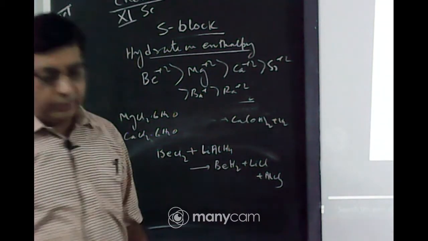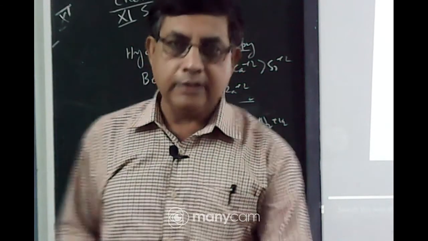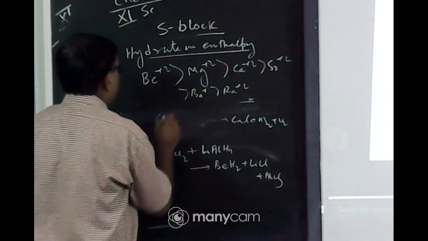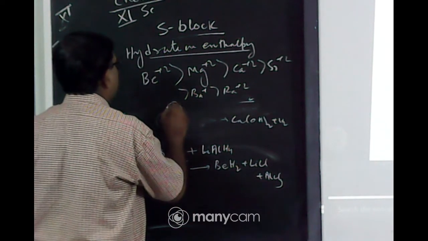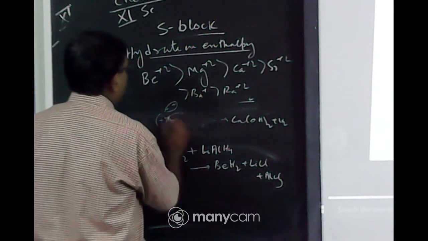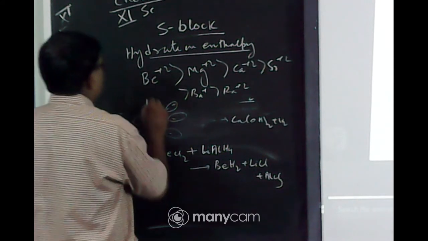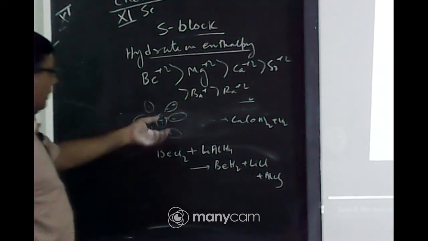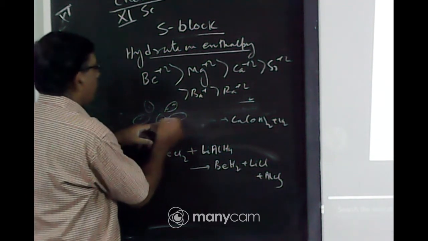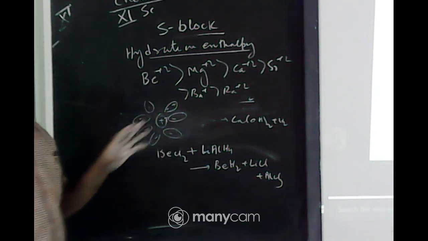Hydration enthalpy means when the cation is dissolved in water, the cation has a positive charge. Water molecule has oxygen with negative charge, and hydrogen with positive charge. So, the water molecule with negatively charged oxygen faces the cation, that is, the water molecules surround the cation with the oxygen atom facing towards the cation. So, there will be some ion-dipole interaction. Due to ion-dipole interaction, some amount of energy is released.